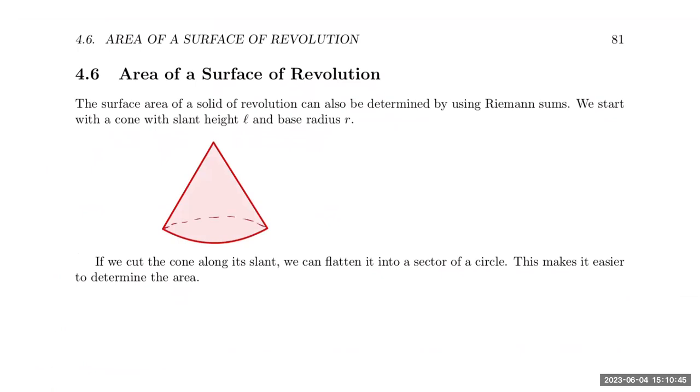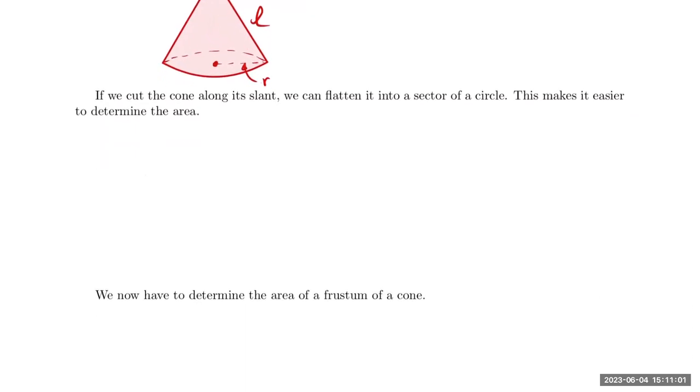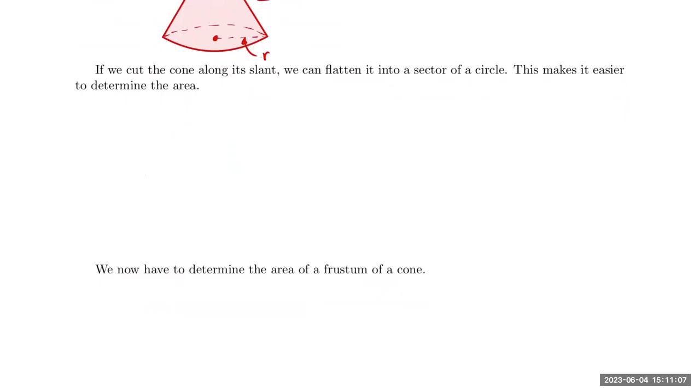So the slant height, which is this diagonal here, that's going to be our L. And we're going to have a radius of R. All right. So let's say we cut the cone along its slant line so that we can flatten it into a sector of a circle.